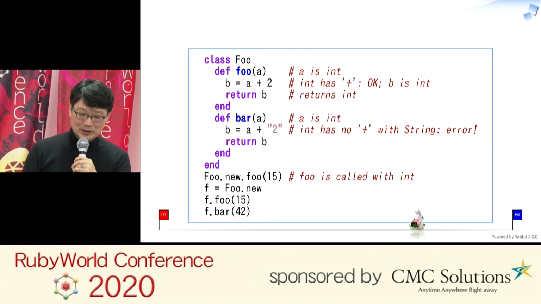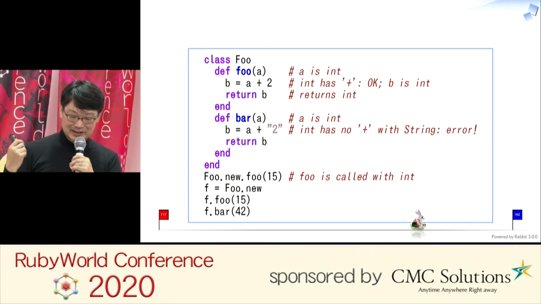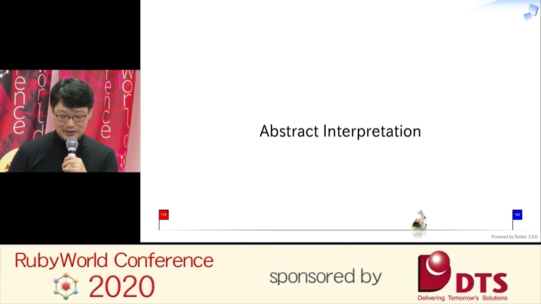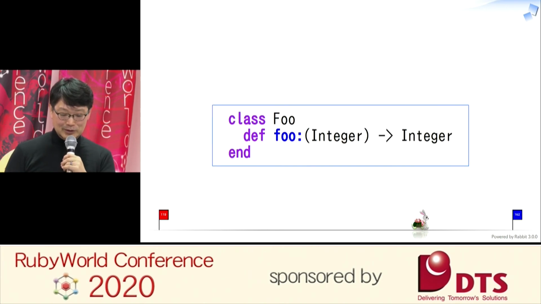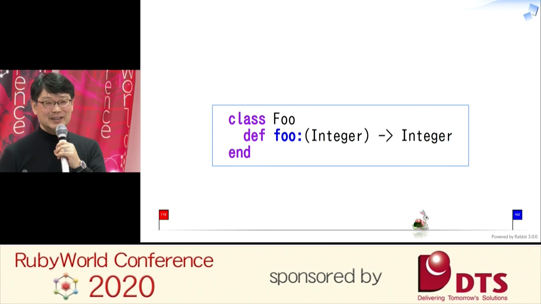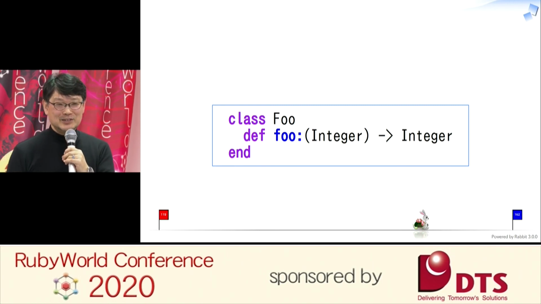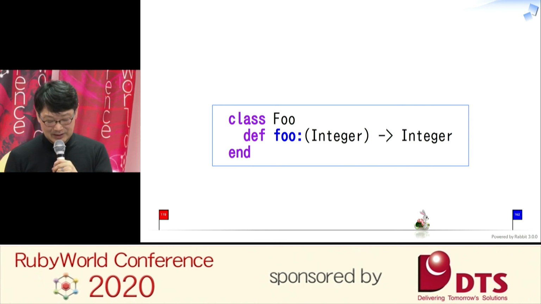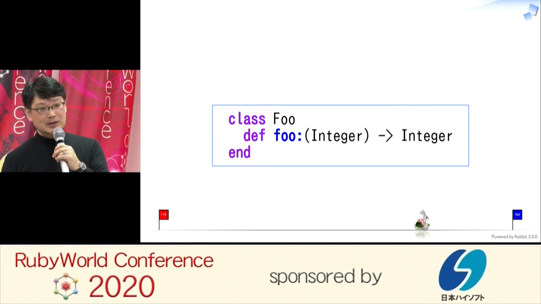It requires a long description of the system: there is a class Foo, and there is a method bar and Foo. And with abstract interpretation technology, we can read it and find, oh, there is no bar and I made a mistake. So bar returns an integer and foo returns an integer. This is TypeProf.